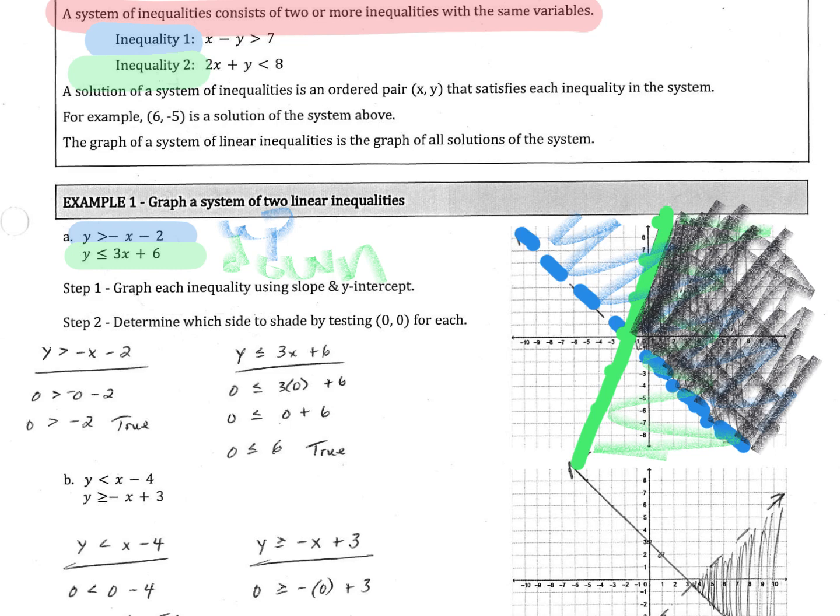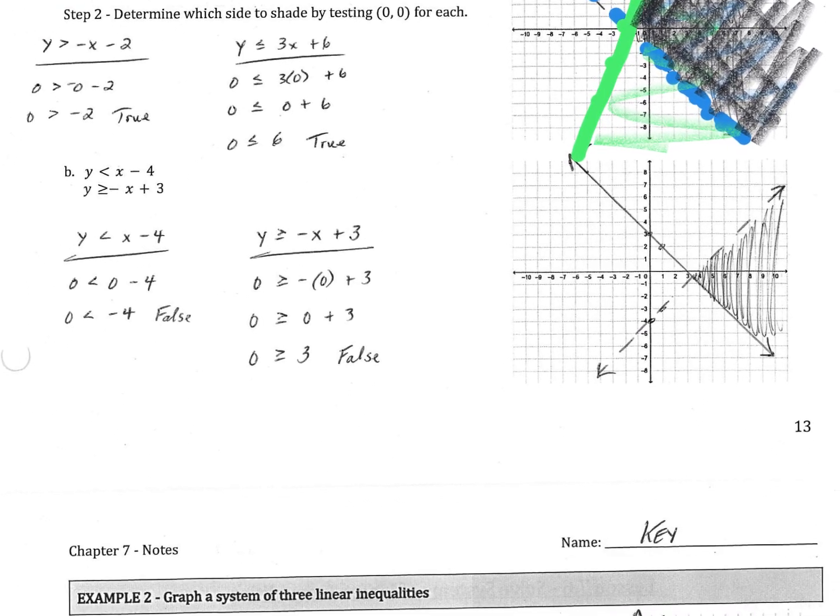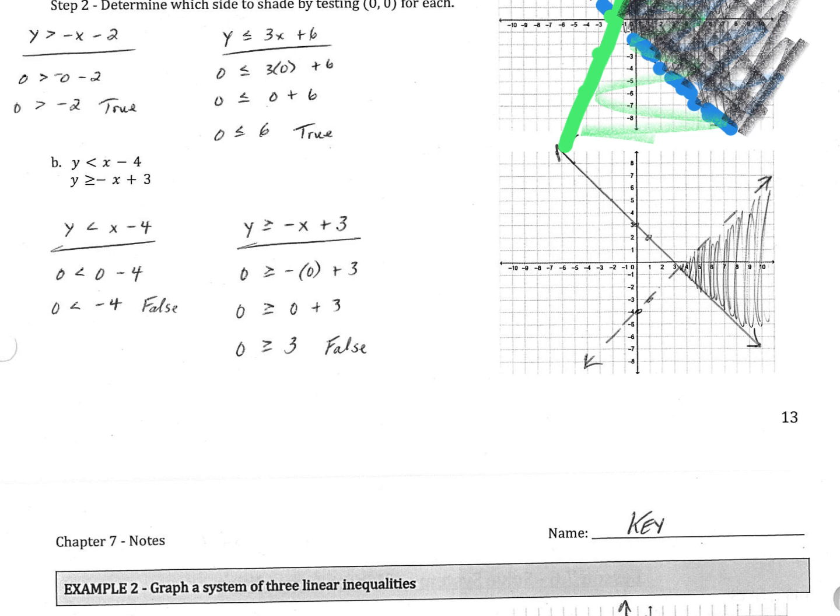Let's look at the next example. Example B. Y is less than x minus 4. I'm going to go ahead and highlight that one in blue. The second one I'm going to highlight in green. Okay, let's do the blue one first. Y is less than x minus 4. That means a y-intercept at negative 4.